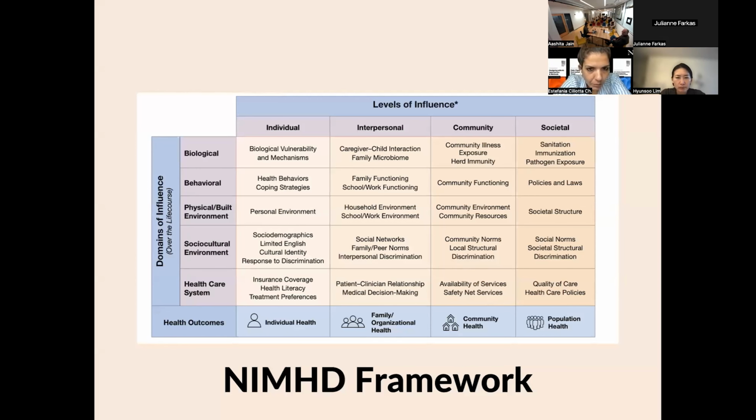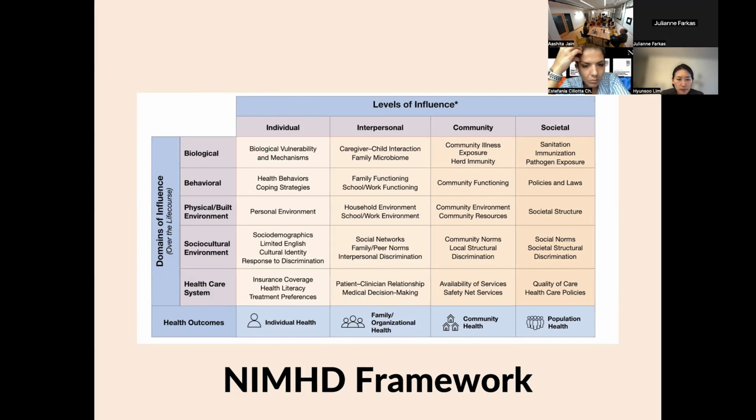And we sit within the NIMHD framework, the National Institute on Minority Health and Health Disparities. The NIMHD released, not recently, in 2019, a framework on how to develop research interventions to reduce health disparities.